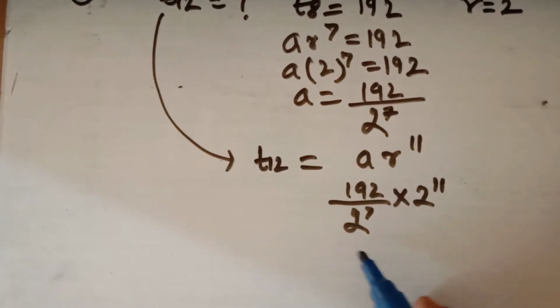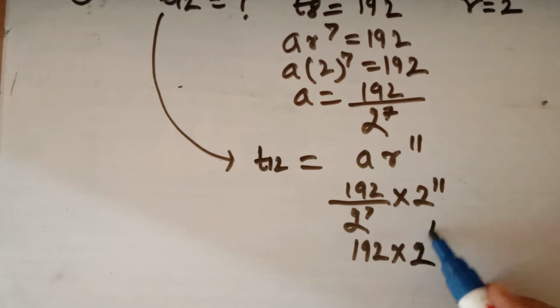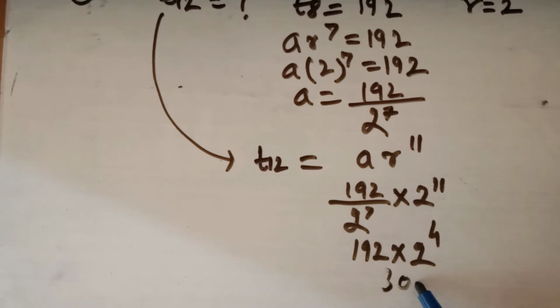Now you can simplify it. It is 192 into, on division the power will be subtracted, 2 raised to power 4. And simplify, you will get 3072 as its 12th term.